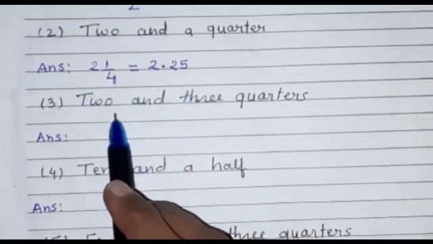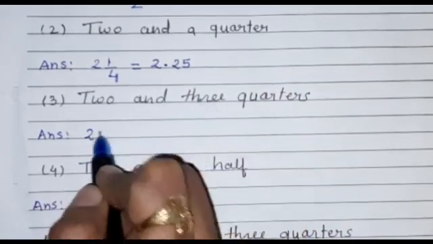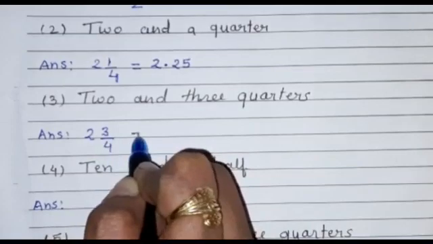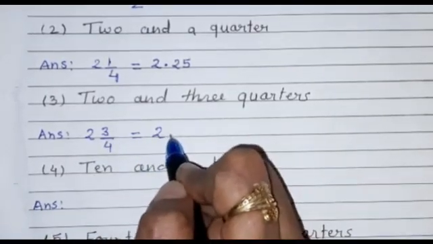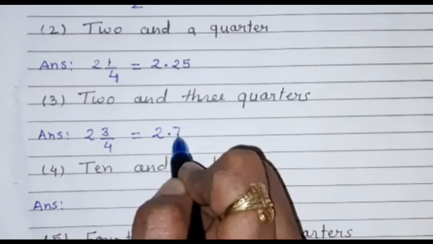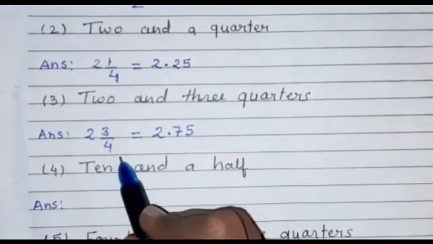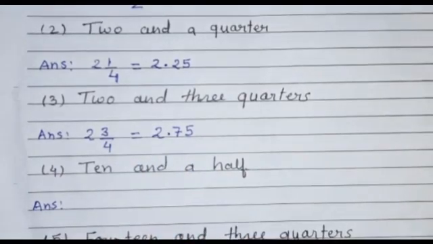Now third one, 2 and 3 quarters. 3 quarters means 3 upon 4. Now in decimal 2 is written as it is, and 3 upon 4 means 0.75. So 2 and 3 upon 4 is equal to 2.75.